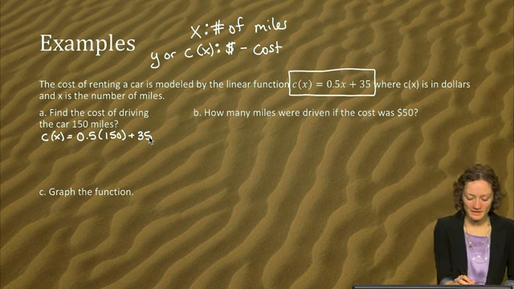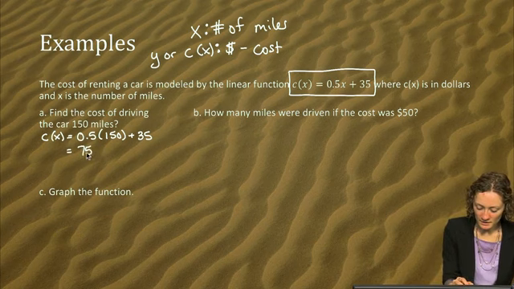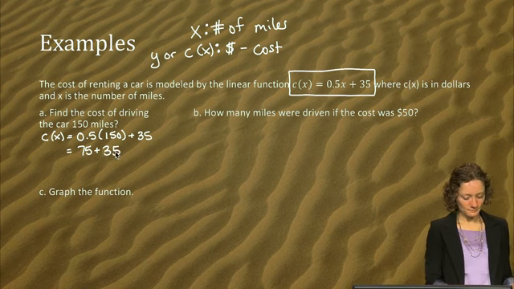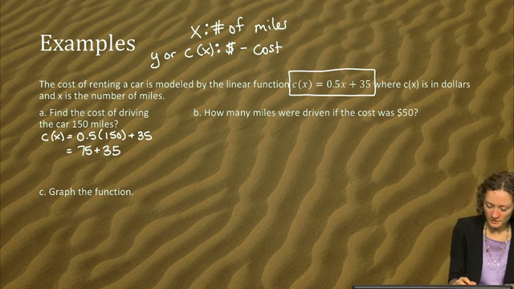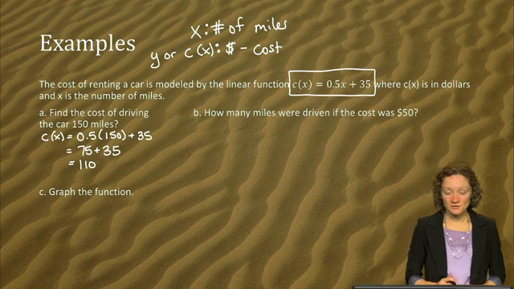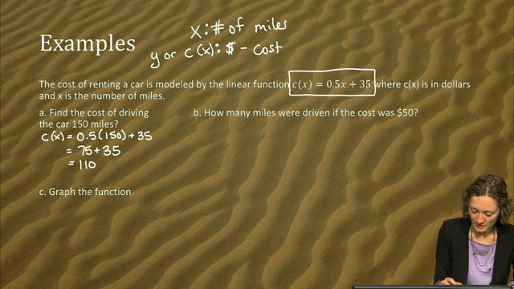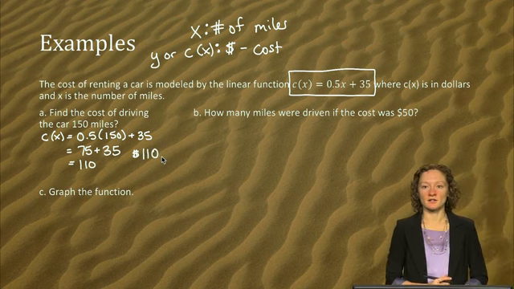And then solve for C of x. Everything's on the right, it's all numbers, so we can just calculate this. 0.5 times 150, 75. And then 75 plus 35, 110. So the cost of driving the car 150 miles is $110.